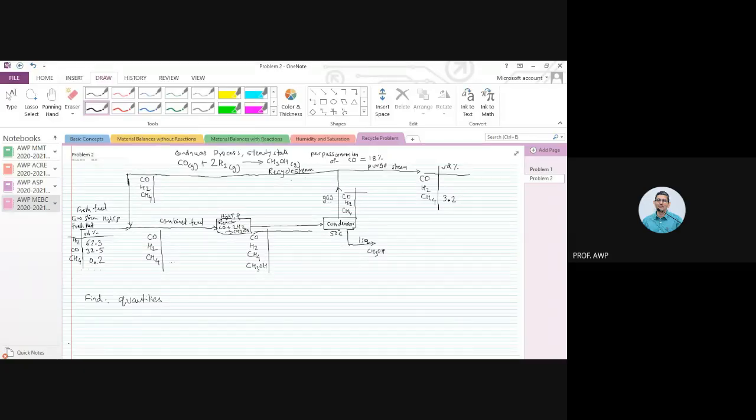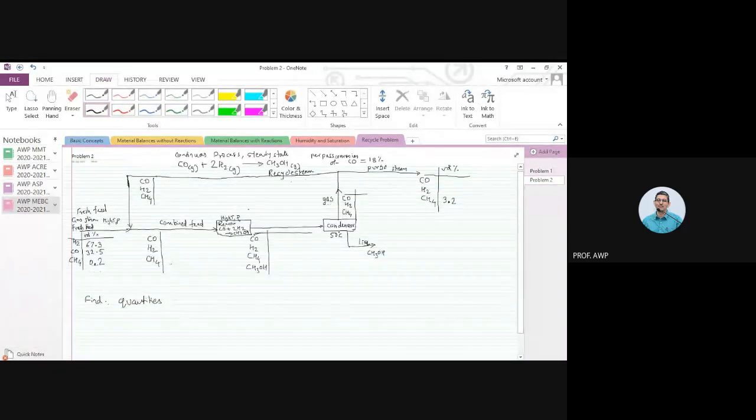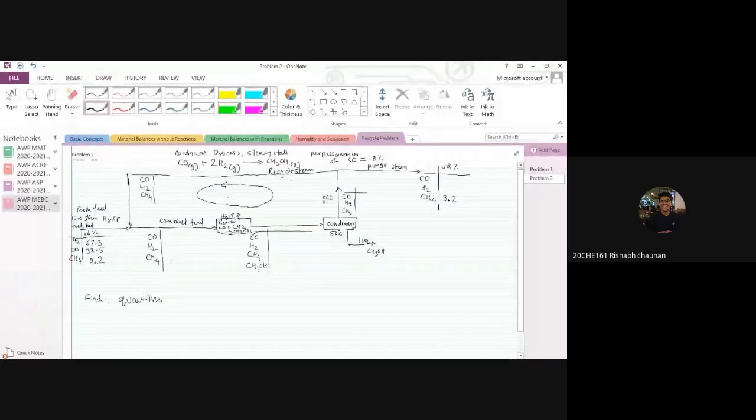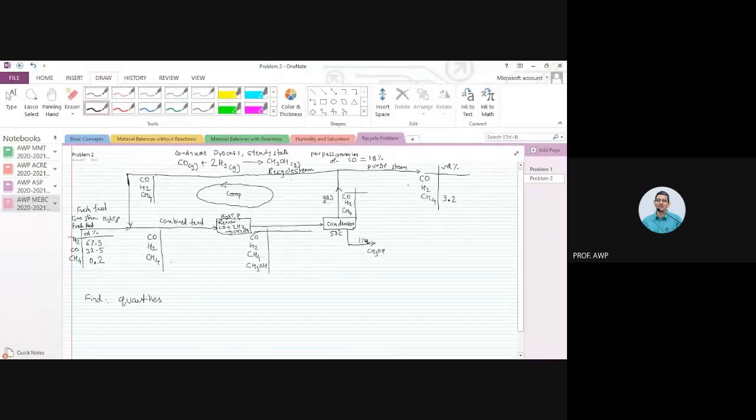So we add a purge stream to control the extent of methane that builds up in this loop of recycle, combined feed and reactor. Depending on how much purge I take out, to that extent methane will get built up in the loop. So I am taking out purge stream so that the purge stream has 3.2 volume percent of methane, so that it does not build up in the loop.